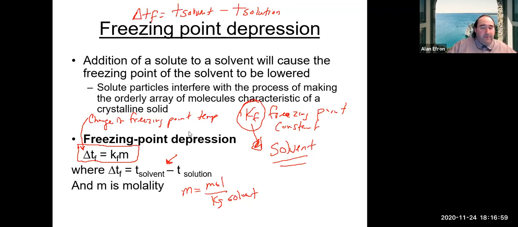If you don't do it this way, you might get the right number but not the right sign. Instead of saying the solution freezes at minus 3 degrees Celsius, you might say it freezes at 3 degrees Celsius. So again, this relationship is really important. It allows you to subtract when you should subtract and add when you should add. So for freezing point depression, solvent minus solution in terms of temperature is a really important part of it.